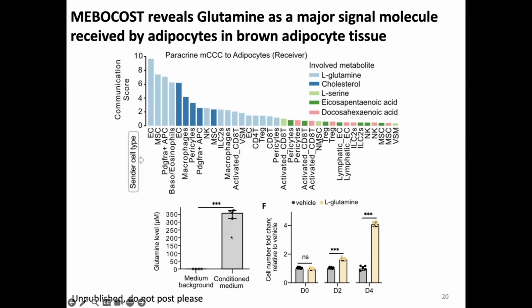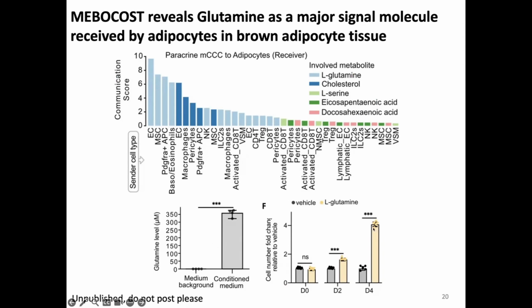Then we performed some experiments to verify. First, we verified whether the glutamate could really be produced by those cell types, because the endothelial cell appeared to show the strongest communication. So we performed experiments in endothelial cells, and we verified it's true that the endothelial cell can produce lots of glutamate.